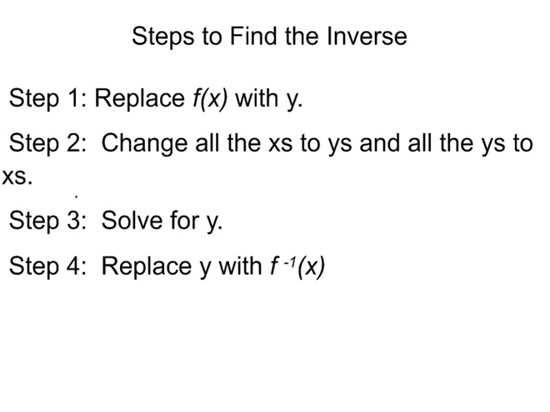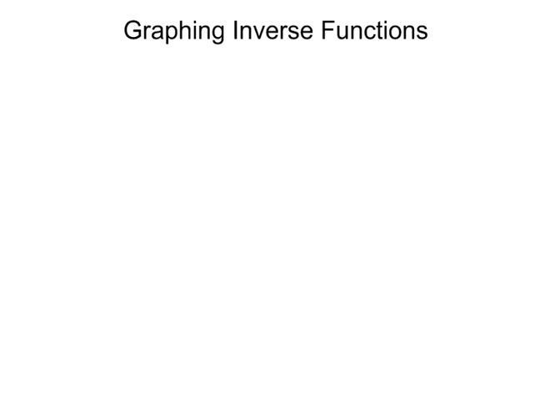Now the last thing I want to talk about in this video is graphing inverse functions, what the graphs look like. So when you graph these things, basically all that's happening is you're switching your x's and your y's.